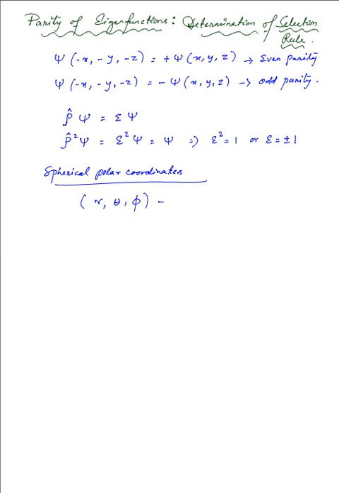The r does not change, it remains as such, but we get pi minus theta when we change theta to the negative coordinate. And as for phi, we have pi plus phi. So this is how the change is observed in the spherical polar coordinates.